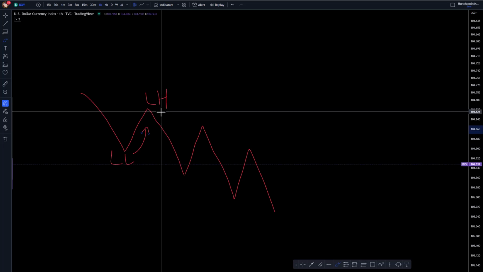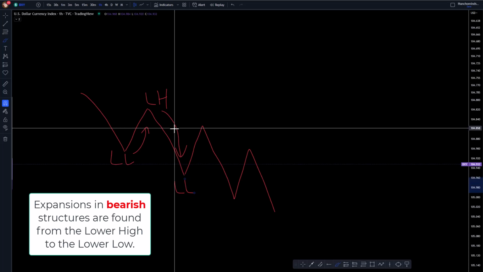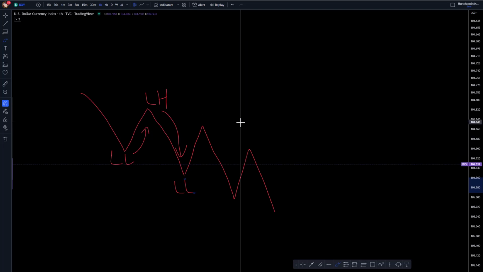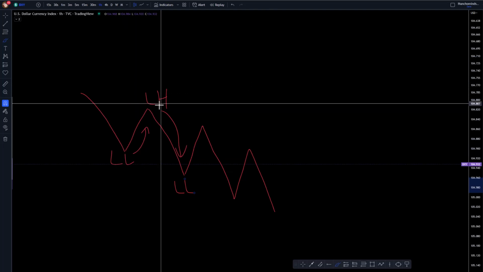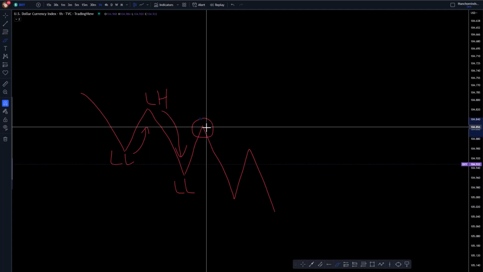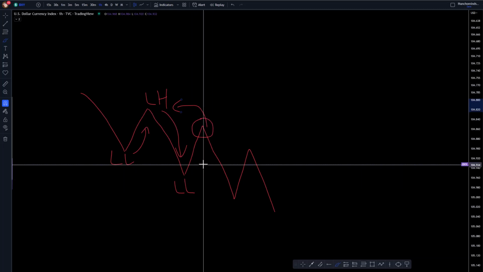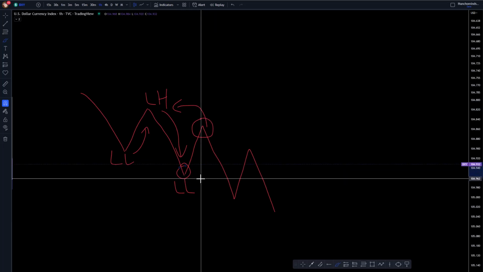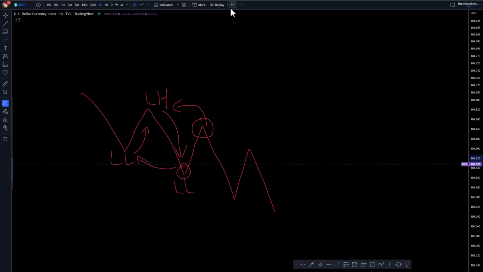From the lower high to a new lower low is what we call the expansion of a bearish trend. So a bearish market consists of lower highs, because this high is lower than that previous high, and lower lows, because this low is lower than the previous low.